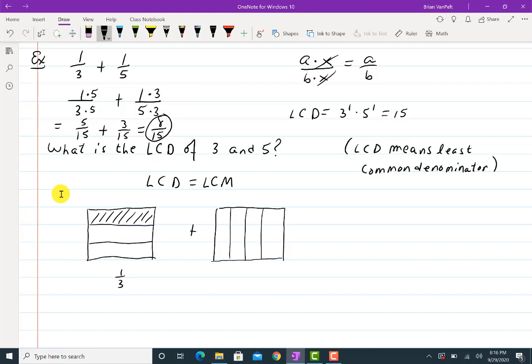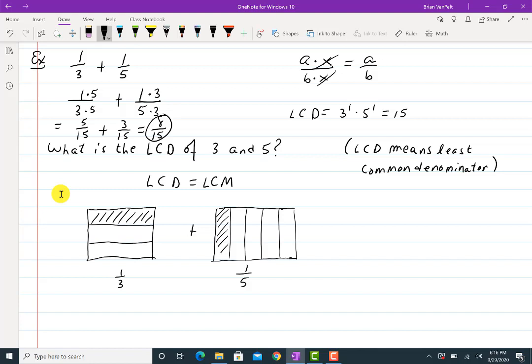Let me fix this side up a little bit, just so I make them all look the same. There's 1/5. Now, what I did here is I turned the denominators into 15.